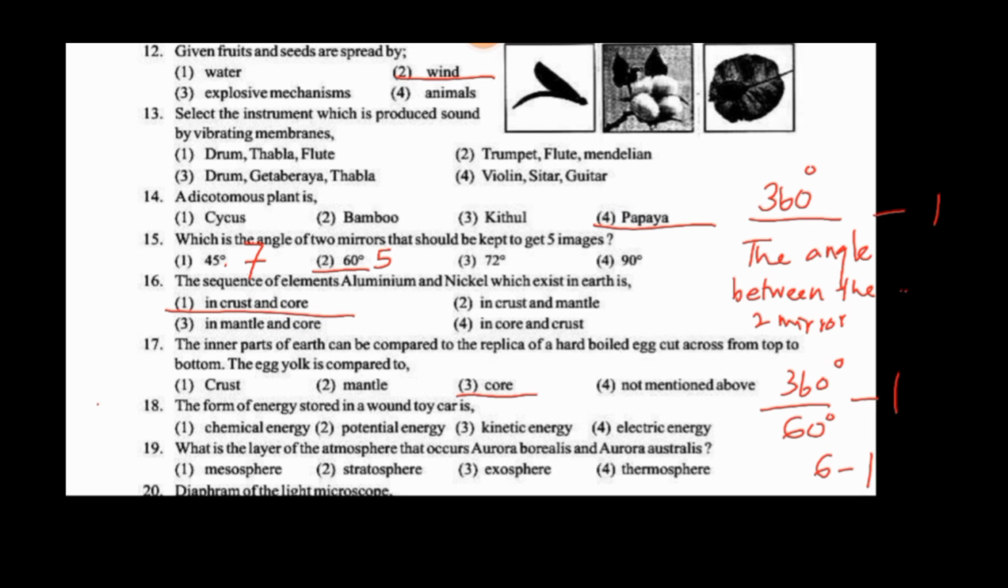That is potential energy. Number 19. What is the layer of the atmosphere in which aurora borealis and aurora australis occur? Right? You learn the atmosphere can be divided into different layers. So aurora borealis and aurora australis appear in the thermosphere.